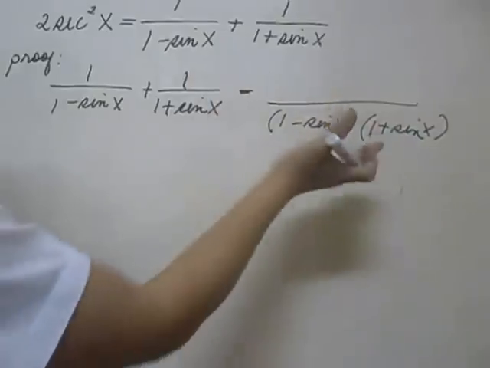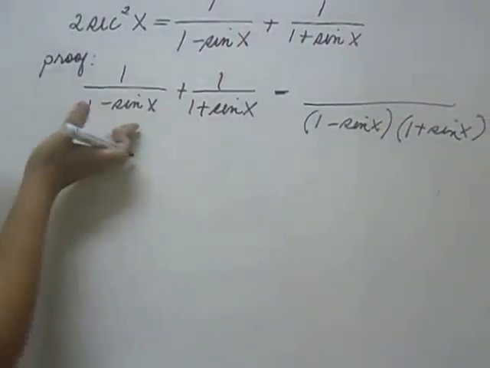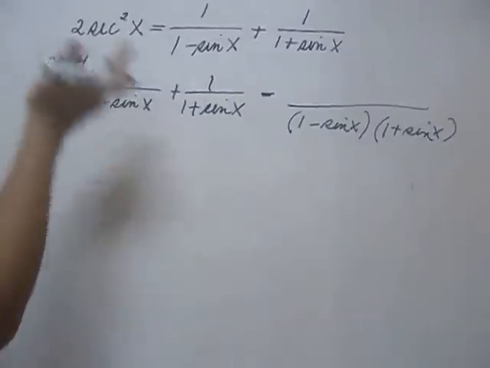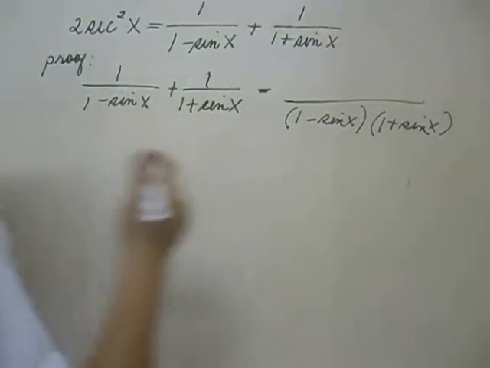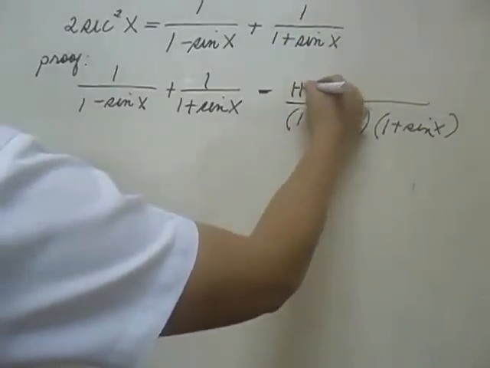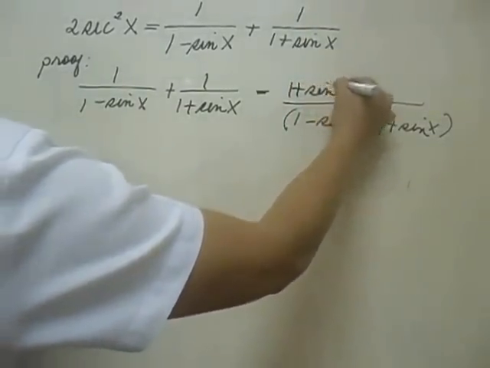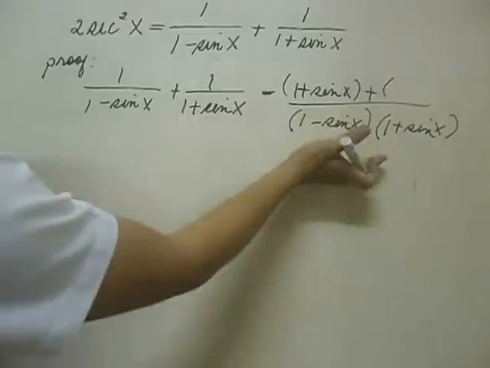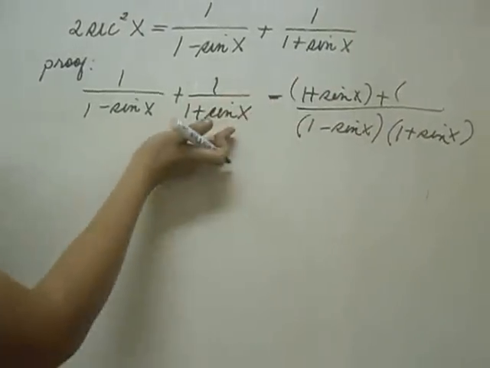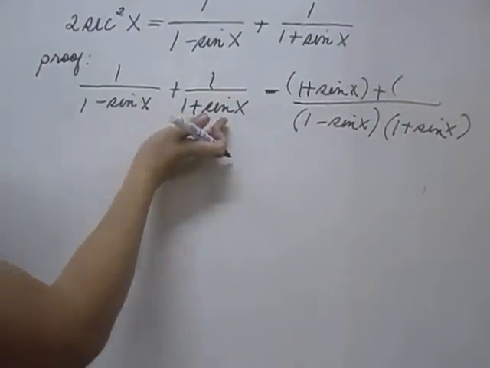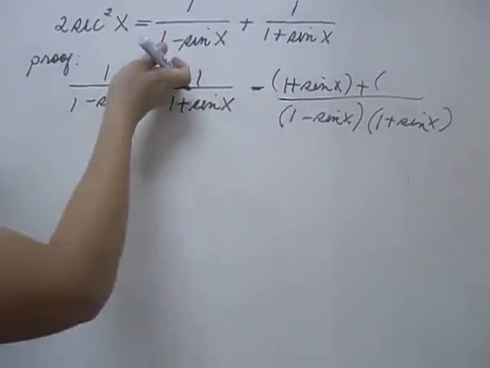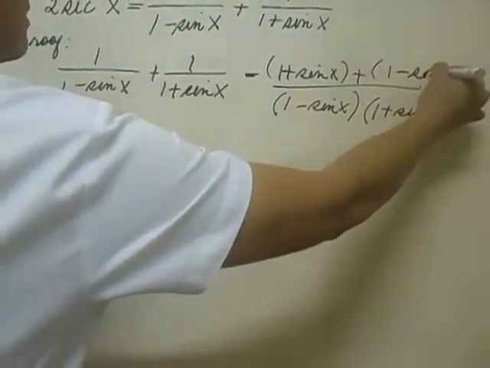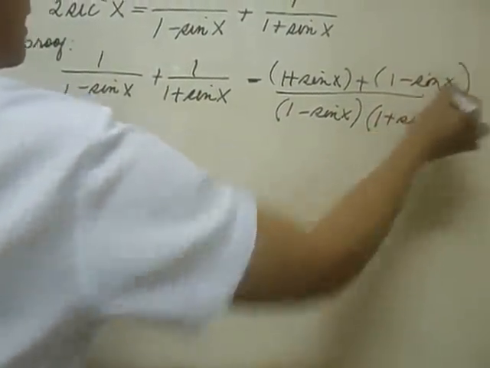Then, the LCD divided by 1 minus sine x is equal to 1 plus sine x times 1 is 1 plus sine x, plus the LCD divided by 1 plus sine x is equal to 1 minus sine x times 1. We get 1 minus sine x.